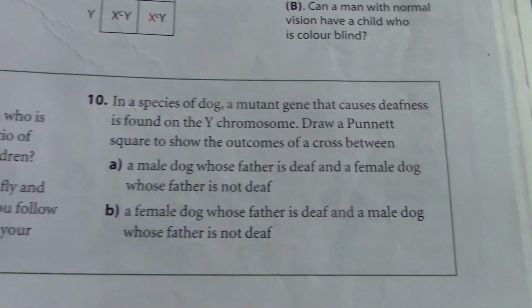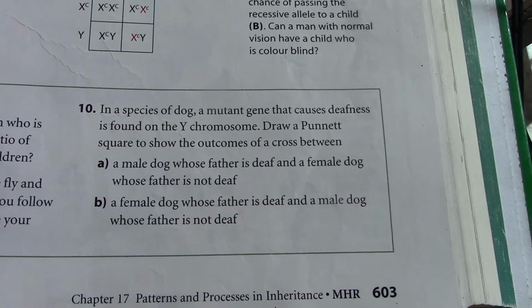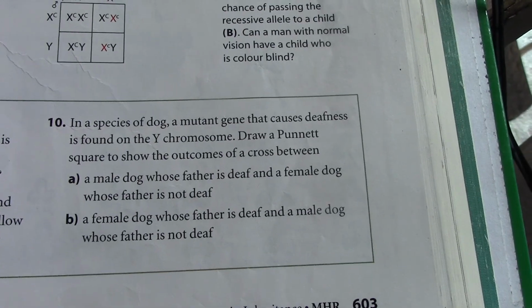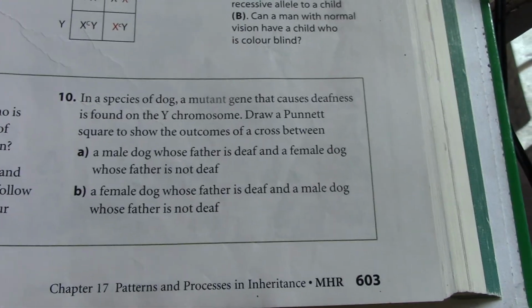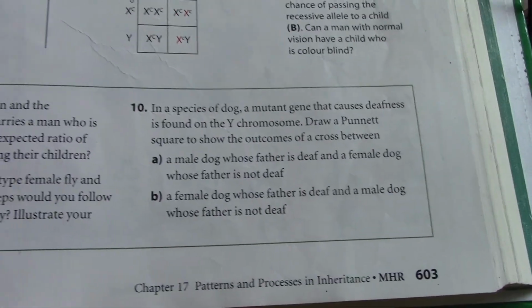Number 10 says, in a species of dog, a mutant gene that causes deafness is found on the Y chromosome. Draw a Punnett square to show the outcomes of a cross between a male dog whose father is deaf and a female dog whose father is not deaf. So this is question 10. So female, it doesn't really matter what the female is, but dad is deaf, right?